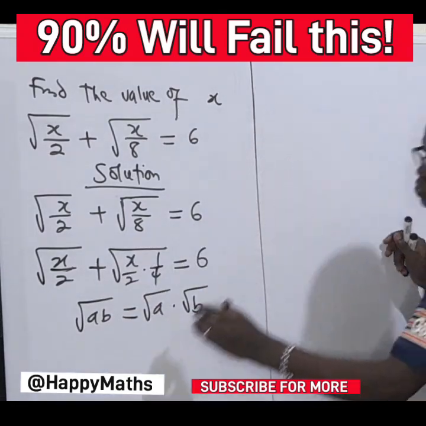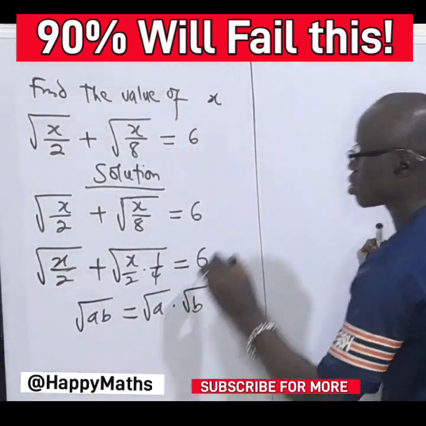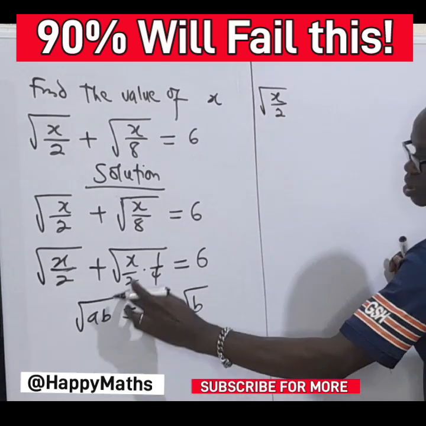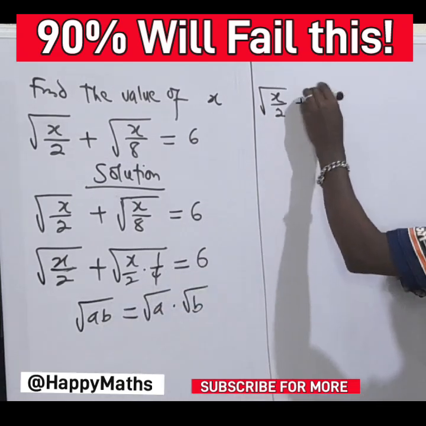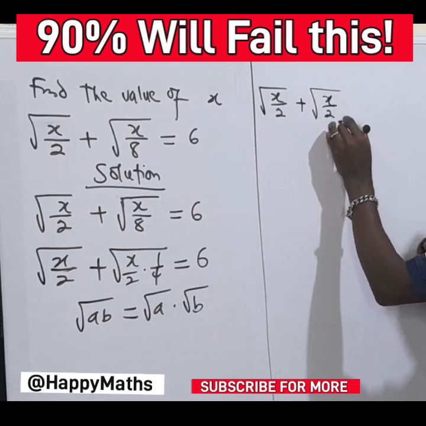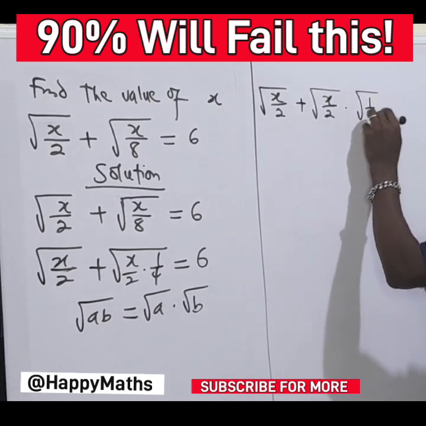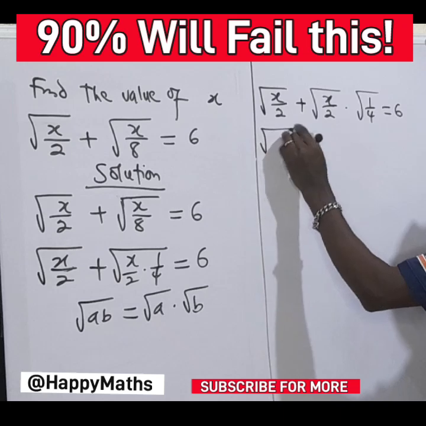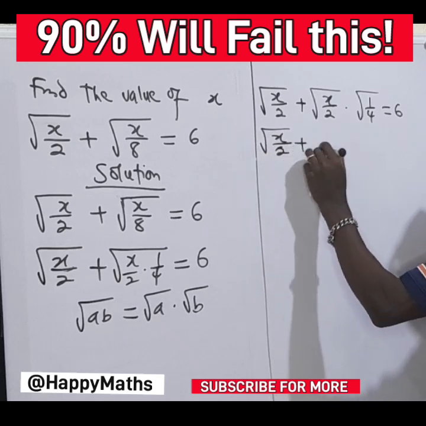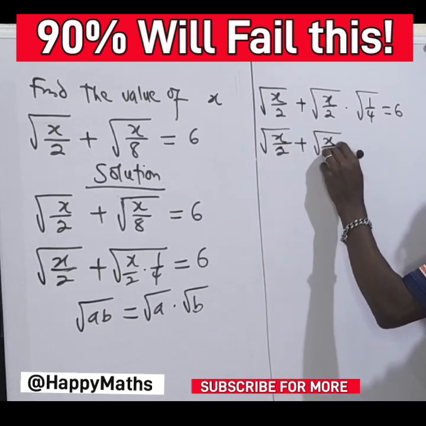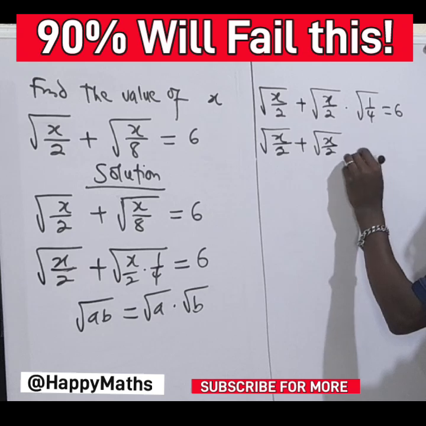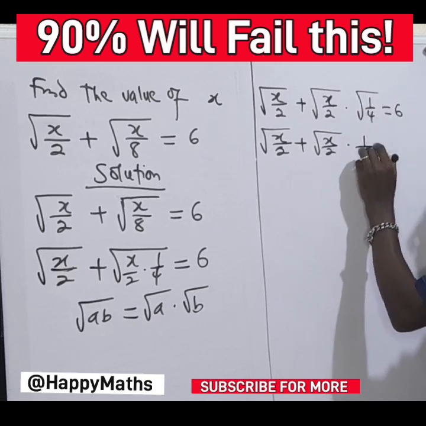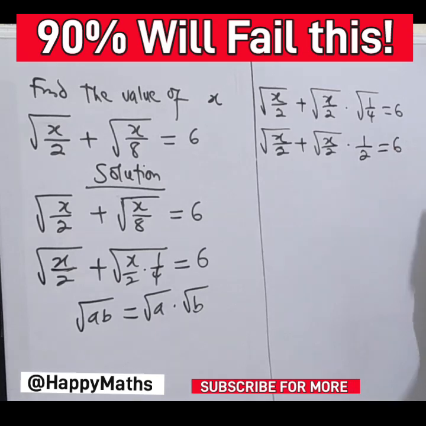We have root of s over 2, plus root of s over 2 times root of 1 over 4, equals 6. Again, root of s over 2 plus root of s over 2 times root of 1 is 1, root of 4 is 2, equals 6.